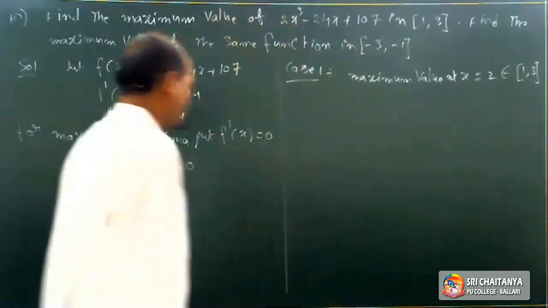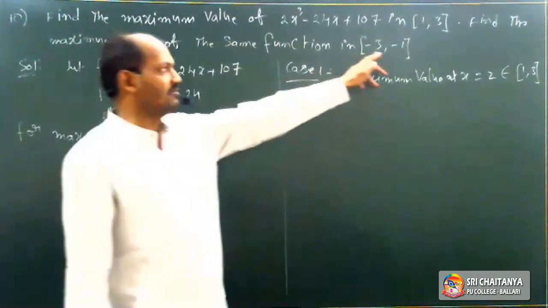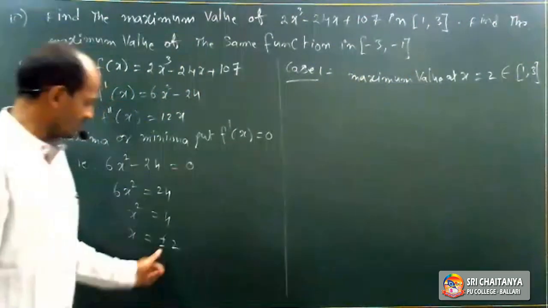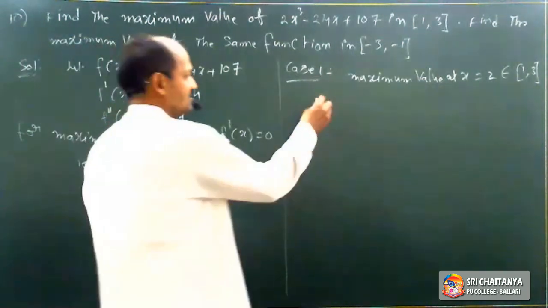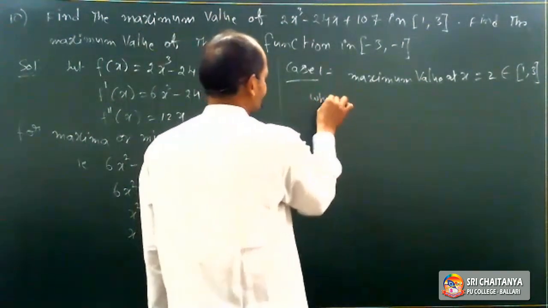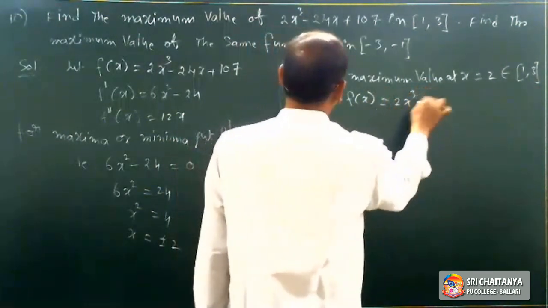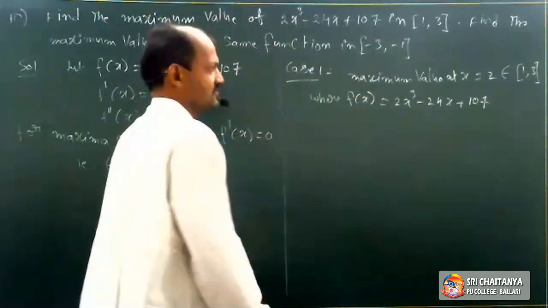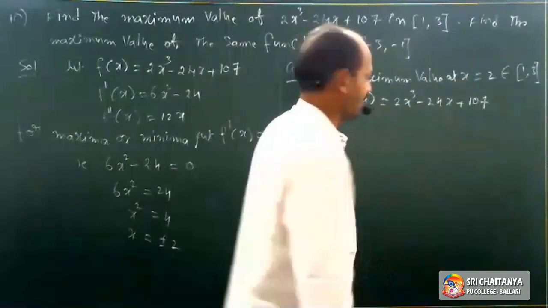Second case, the maximum value of the same function in the interval [-3, -1], that means x = -2. Okay? That is the second case, where f(x) = 2x^3 - 24x + 107. So we have to find the values f(1), f(2) and f(3).